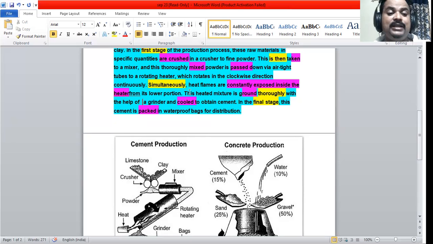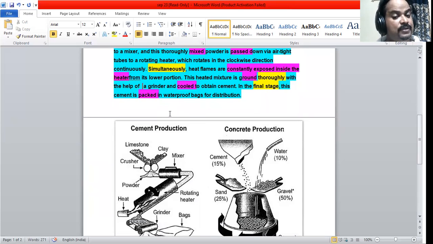In the final stage, this cement is packed in waterproof bags for distribution.